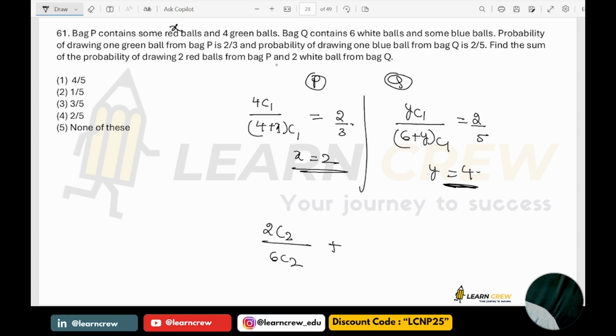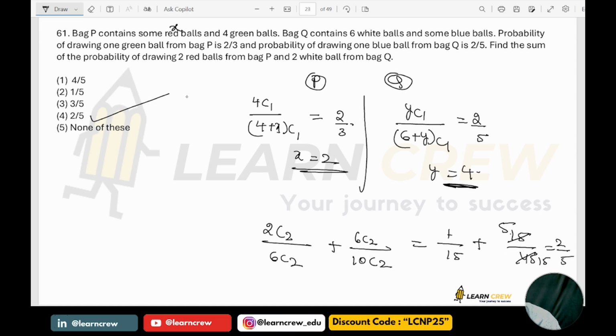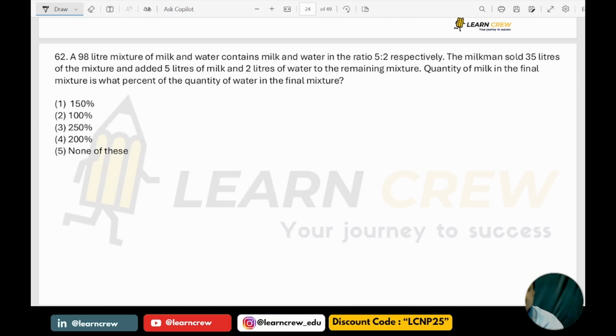Plus 2 white balls means 6C2 divided by total 6 plus 4, 10, so 10C2. 2C2 is 1, 6C2 is 15, 10C2 is 45. So it is 1 by 15 plus 15 by 45, which is 1 by 15 plus 5 by 15, 6/15. 6/15 means 2 by 5. So the answer is 2 by 5.